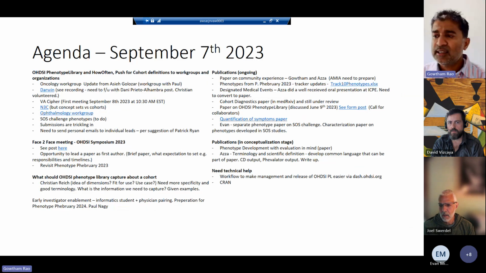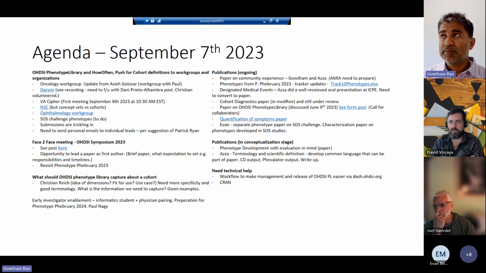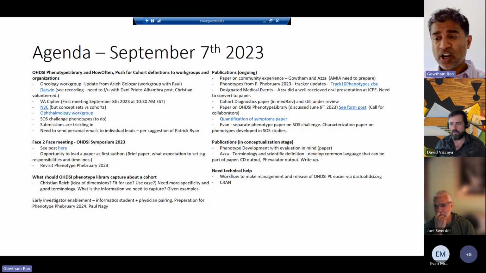So this is the agenda that I was hoping to cover. The first one is the push that we are doing for the OHDSI Phenotype library, using the opportunity through How Often. How Often is a study that is going to perform large-scale incidence rate computation on several data sources.